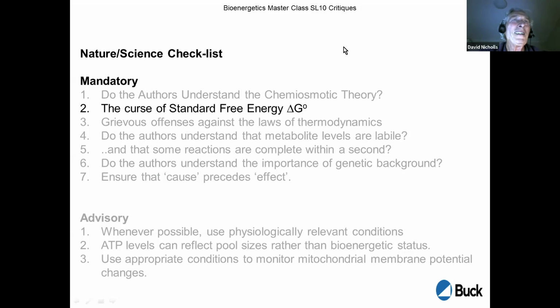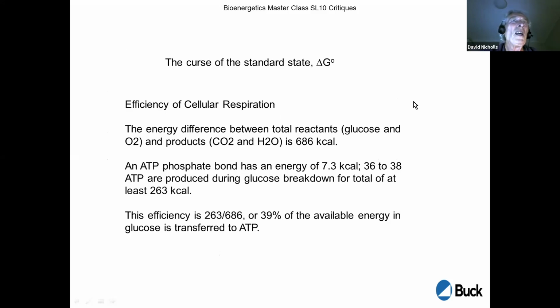Now, you'll not be surprised that I'm going into the curse of standard free energy. I mean, it occurs in a lot of student textbooks. Here's one example: the efficiency of cellular respiration, energy difference between glucose and carbon dioxide is 660 kilocalories, whatever that means.